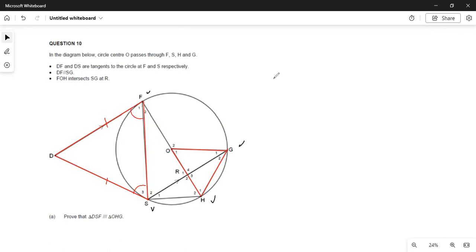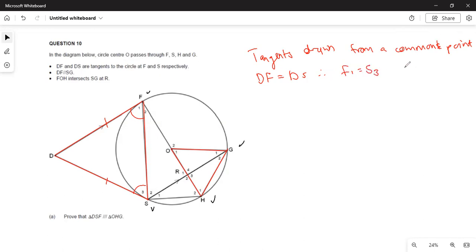So tangents drawn from a common point would tell us that DF is equal to DS, and therefore we can say that F1 is equal to S3. This is an isosceles triangle.